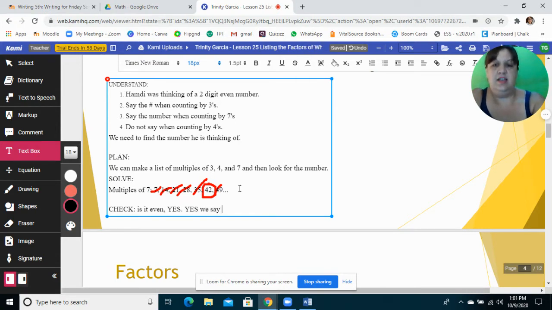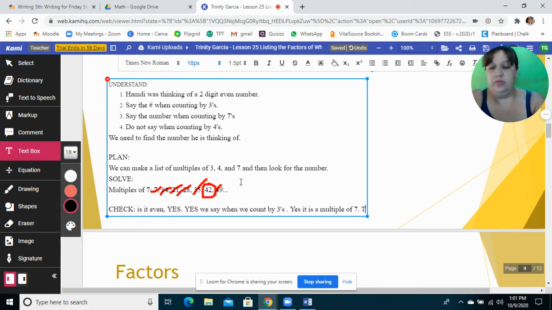We say it when counting by 3s. And do we say it when we're counting by 7s? Yes, we know because we only did multiples of 7. Yes. We'll say yes. It is a multiple of 7. Good. And finally, do we not say it when we count by 4s?